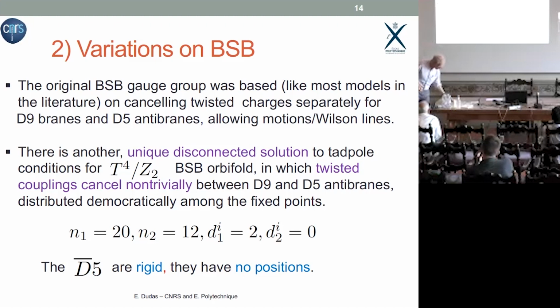There are solutions in which you cancel this local charge non-trivially between the D9 and D5 branes. So you just cancel non-trivially. For example, and actually there is a unique solution in this example in which you keep all the D9 branes together and you try to do something on the anti-5 branes, but such that this local twisted charge cancel non-trivially.